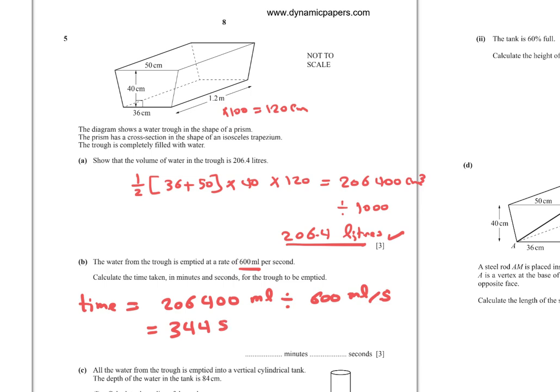Now divide by 60 to convert to minutes and seconds, and you can use this function in your calculator to convert directly. So you have 5 minutes and 44 seconds.